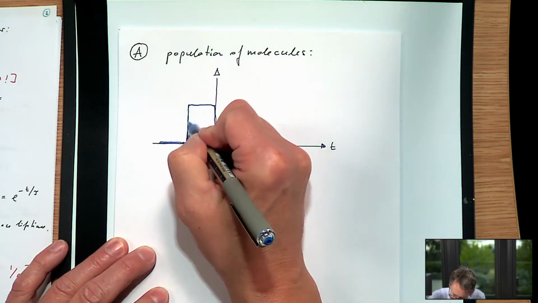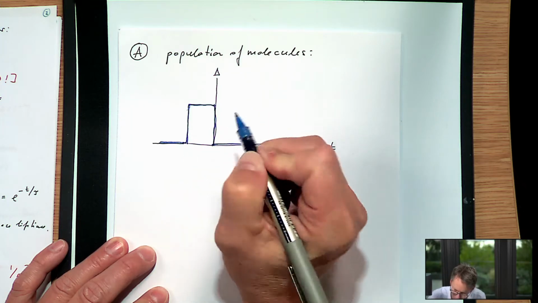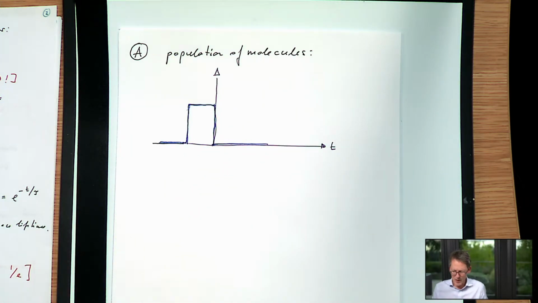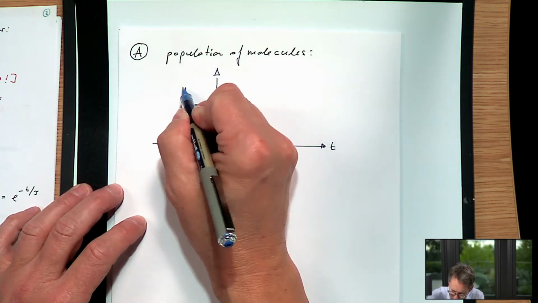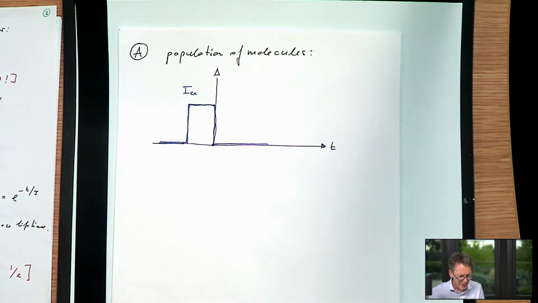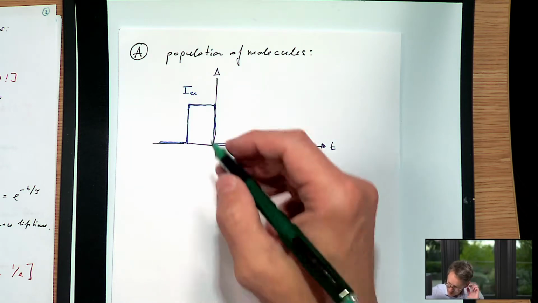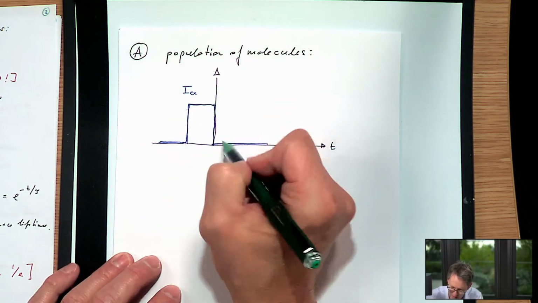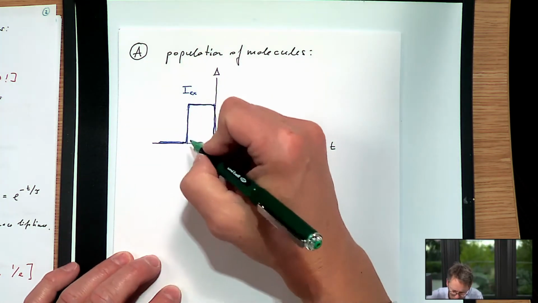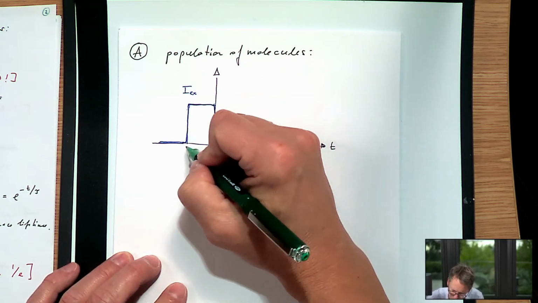So you have here a rectangle function for the excitation. So that's IEX. And let me just draw on top of this graph. So the y-axis here represents two different things. The intensity here is in blue, and in green I draw the population in N2.